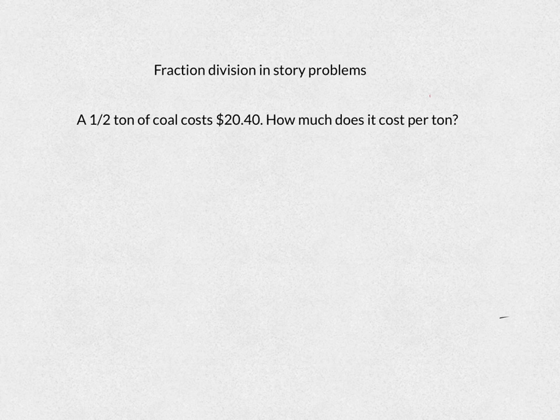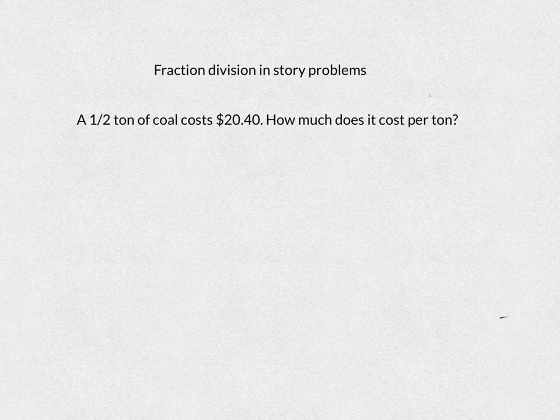Again, the biggest problem people will run into is they see the number, well, that's certainly going to be 1/2 then divided by 20.40. That's not true. What do we have and how are we dividing it? We have $20.40 and we want to know the cost per ton.